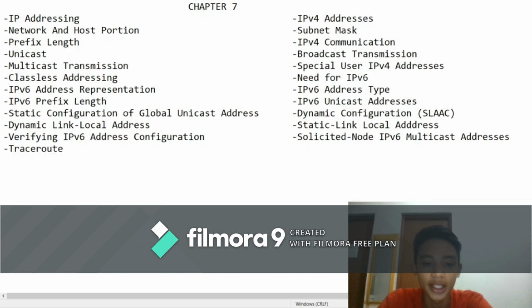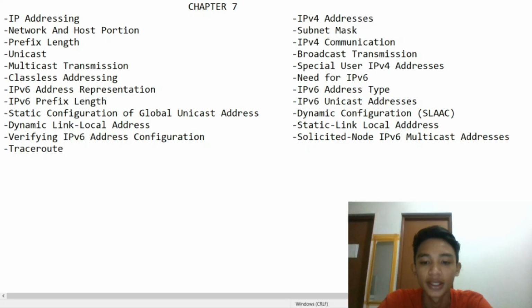The IPv6 types. There are three types of IPv6 addresses: unicast, multicast, and anycast. An IPv6 unicast address uniquely identifies an interface of an IPv6 enabled device.